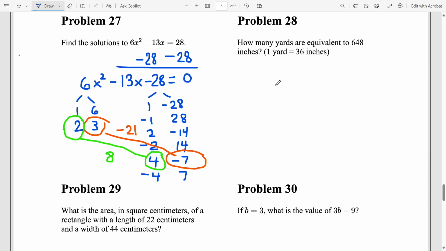Okay, problem 28. How many yards are equivalent to 648 inches? So we're going to take our 648 inches and we'll multiply by our conversion factor, which they give us. So 1 yard is 36 inches.